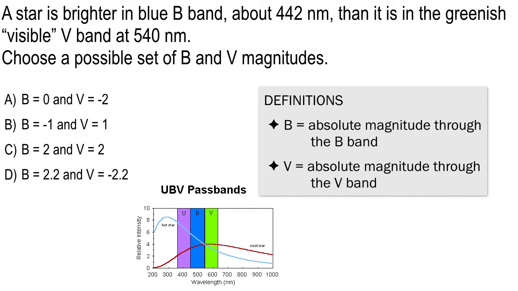B and V: 0 and -2, -1 and +1, 2 and 2, 2.2 and -2.2. So remember their magnitudes. Some of you might want to change your answers. I'll give you another 30 seconds to answer.